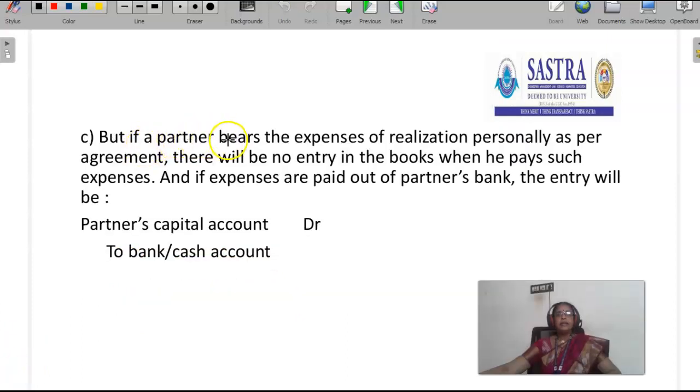But if a partner bears the expenses of realization personally as per agreement, there will be no entry in the books when he pays such expenses. And if expenses are paid out of partner's bank, the entry will be partner's capital account debtor to bank or cash account.